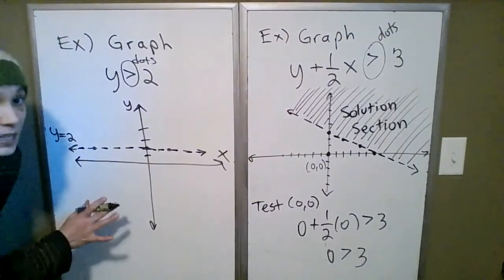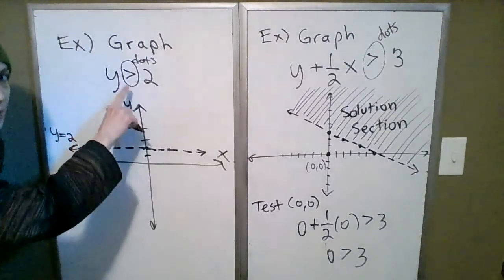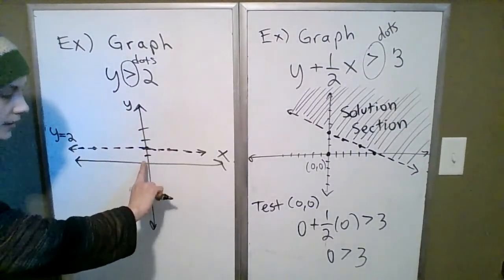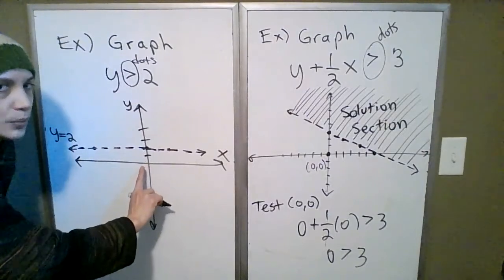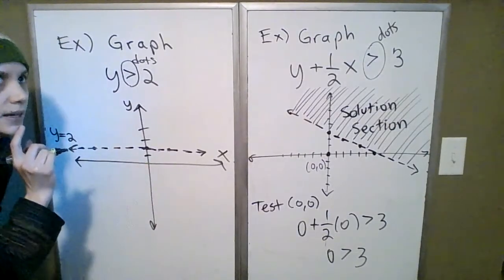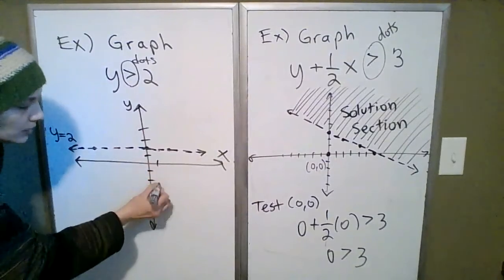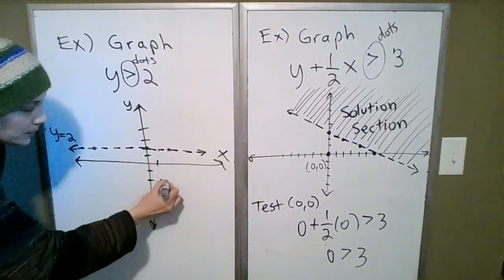Okay, and then you need to test a point back in the original statement. So pick a point not on the line. I'm going to go with positive 1, negative 2. We're going to go over here and test this point.